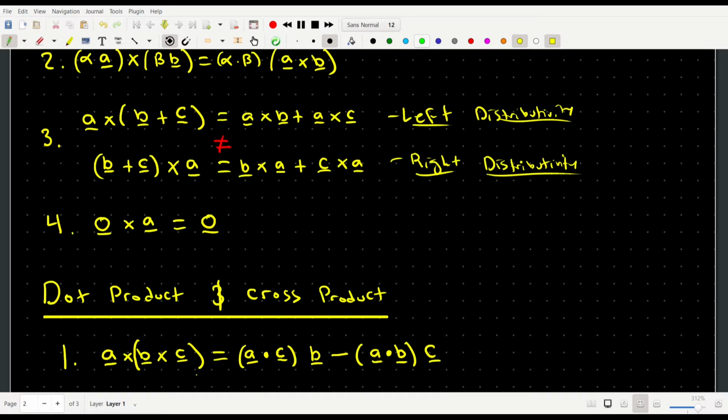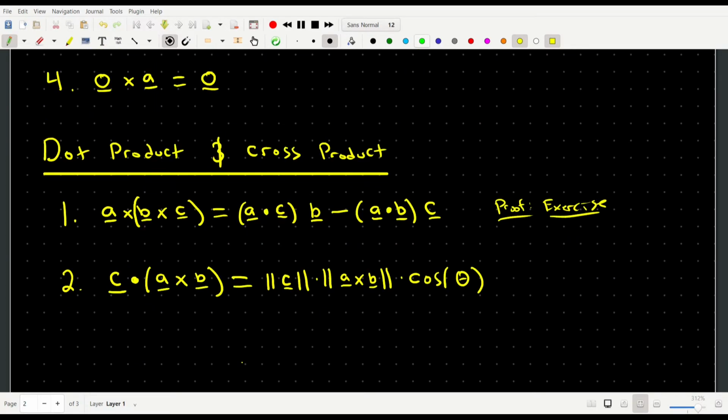Calculating 2 cross products in a row can be very, very difficult compared to just computing this dot product, this dot product, and then subtracting the 2 vectors. So this would be, out of all of these, one that I would go through and prove for yourself. It would be a very, very good exercise for you to go through and prove that.